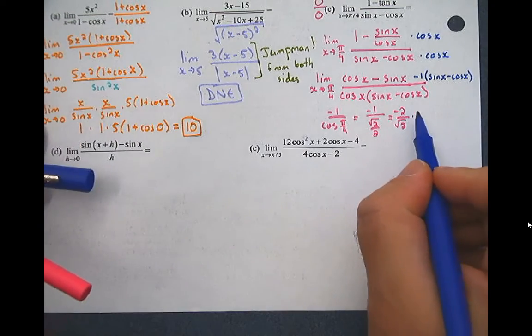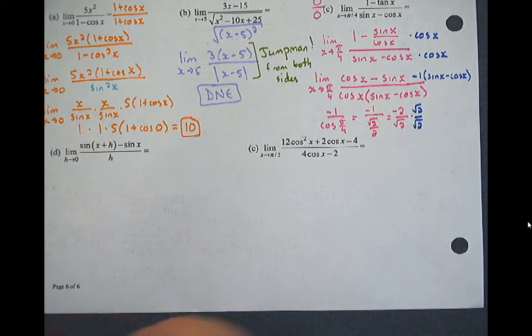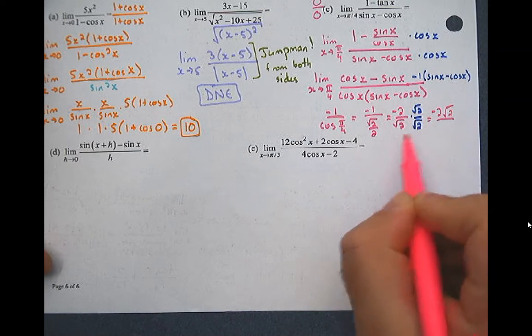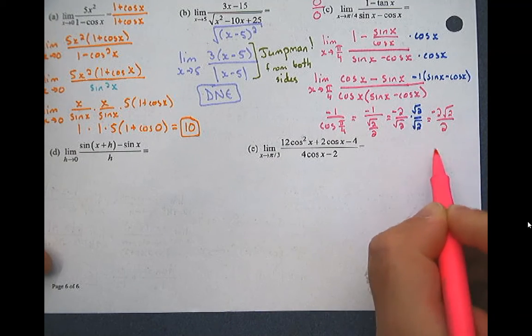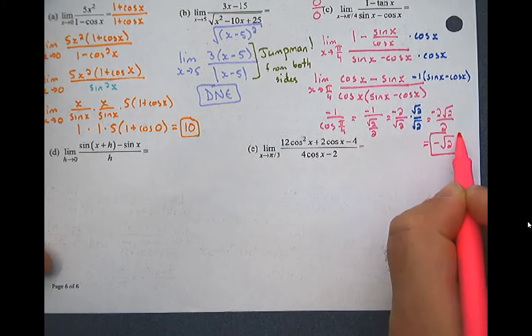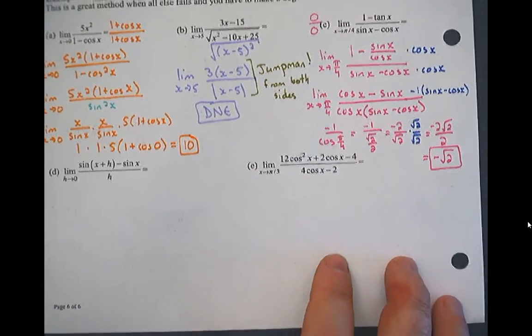This is all pre-calc stuff, that's why I'm going kind of quick here. And what would we be left with? We'd have a negative 2 root 2 over root 2 times root 2 is 2. Those reduce, and I'm left with negative root 2. Woo!